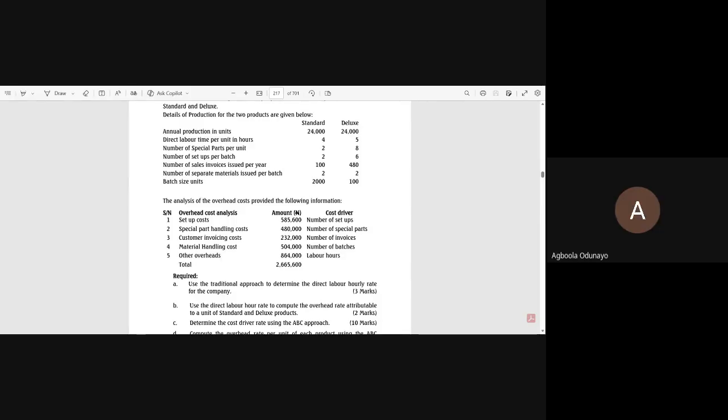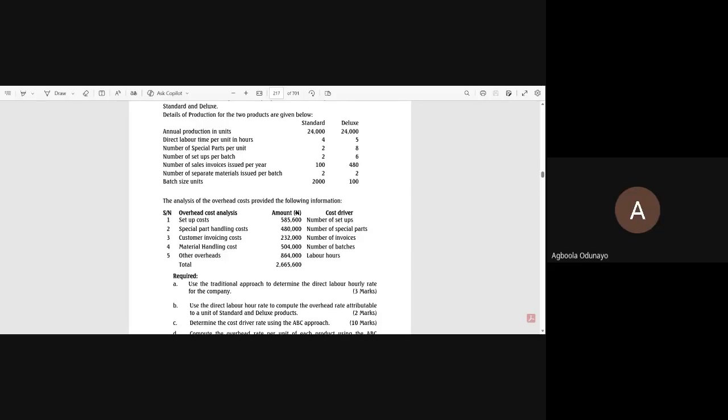The overall total hours will be 120,000 hours. So the total hours for standard and deluxe will be 96,000 plus 120,000, which is 216,000.